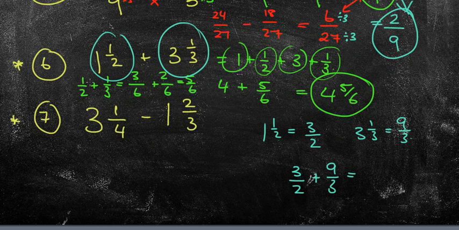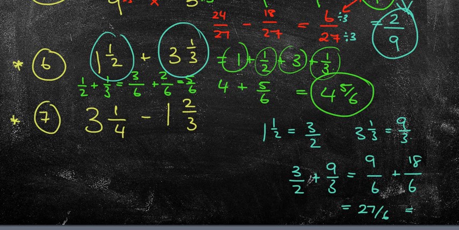Now I can put them both over 6, like we were doing before. 2 times 3 is 6. 3 times 3 is 9. 3 times 2 is 6. 9 times 2 is 18. We then come up with 27 over 6, which, lo and behold, is the same as 4 and 5/6. So you can see both ways work.